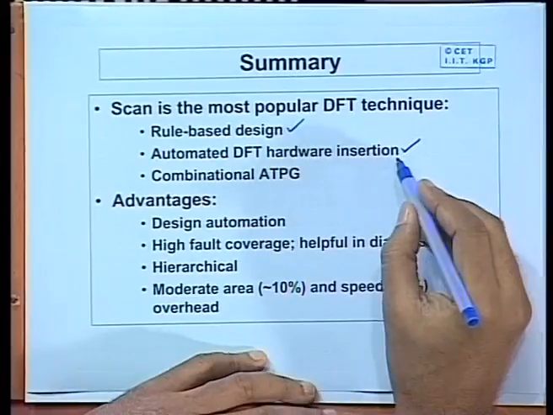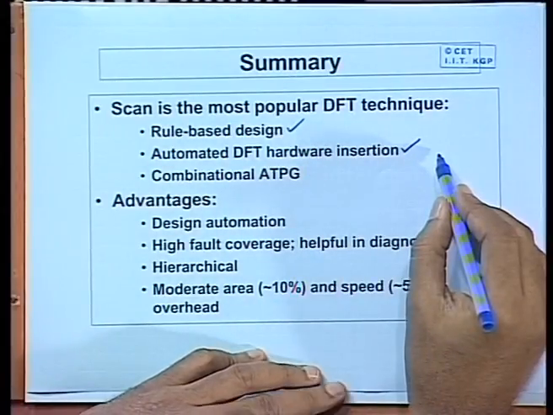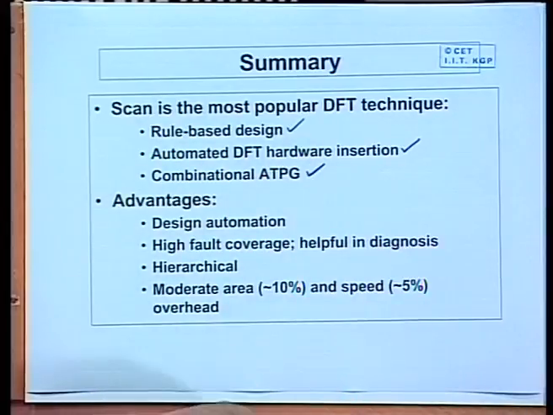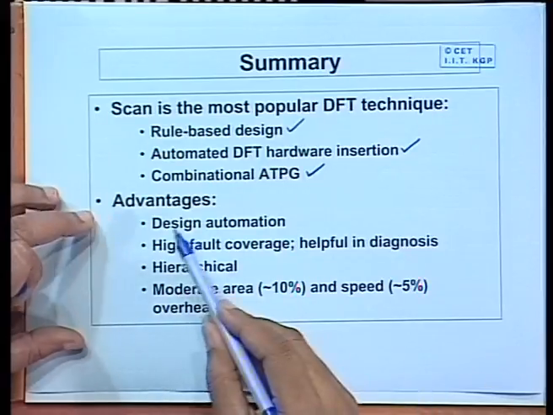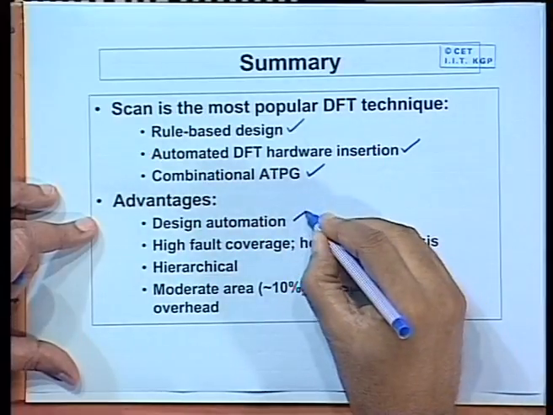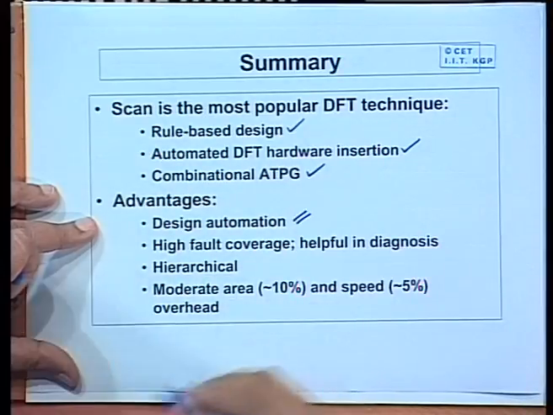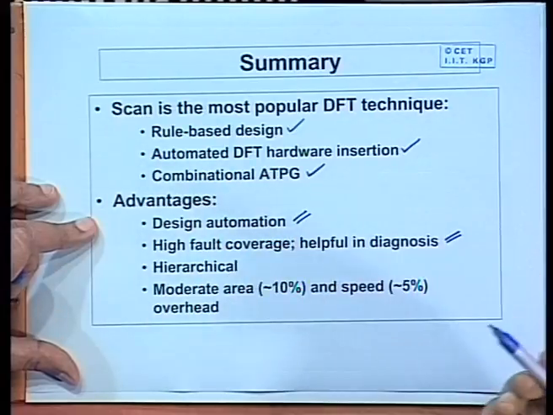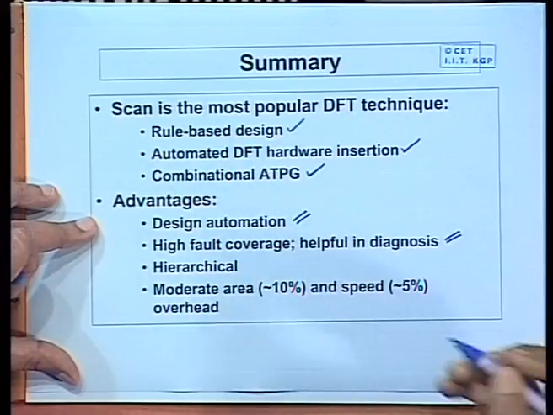And if you do this, if you have a full scan, which means all the flip flops are in the scan path, you can use combinational automated test pattern generator for generating the test patterns. So, the advantages are obvious. You can have better design automation, you can have high fault coverage because the combinational ATPG works much better as compared to sequential.